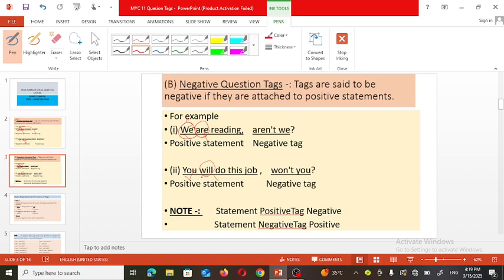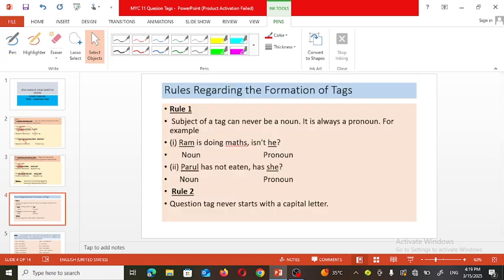Instead of will not, we have to use won't. So: you will do this job, won't you? What have you understood from this? If the statement is positive, then the tag will be negative. And if the statement is negative, the tag will be positive.